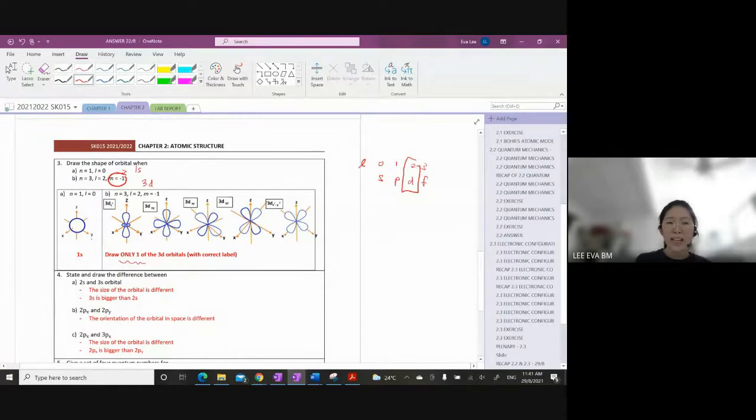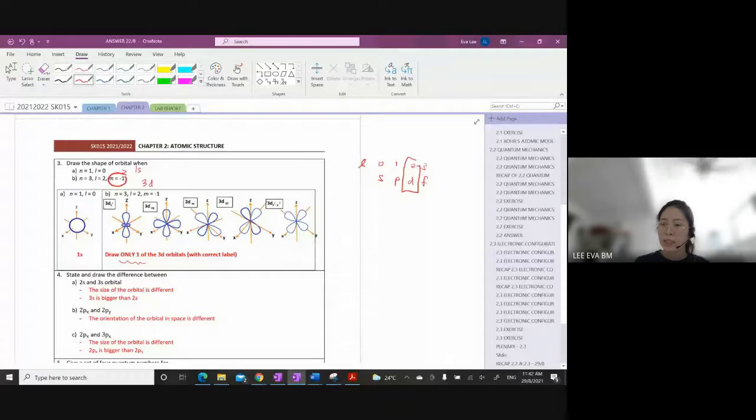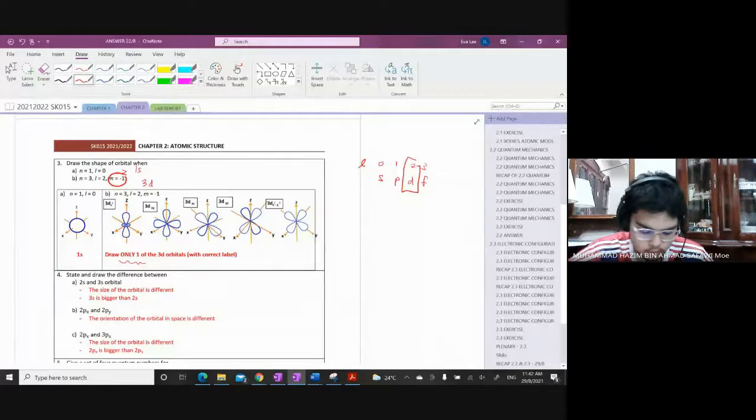So for 1s, of course, you only got one orbital, so one circle only. For 3d, any one of these shapes. Don't draw all, just one, Madam. So basically the shape here can be any value of m, isn't it? For example, 3dyz can be either -1, 1, 0 and so on, isn't it?